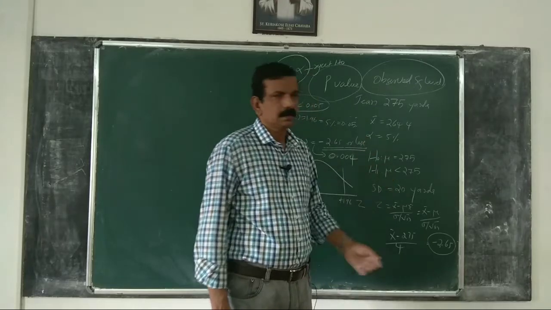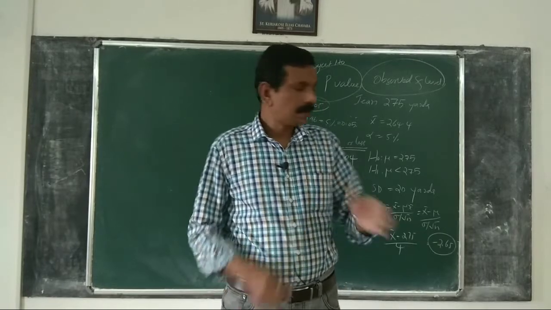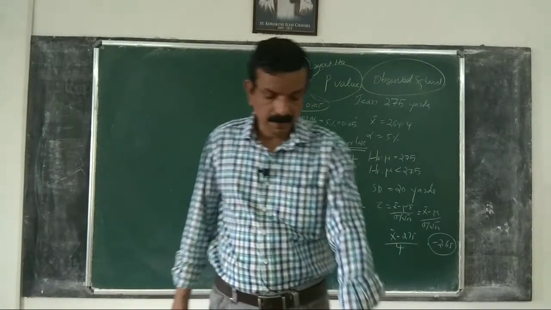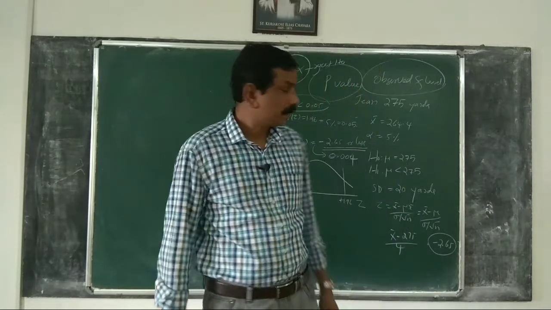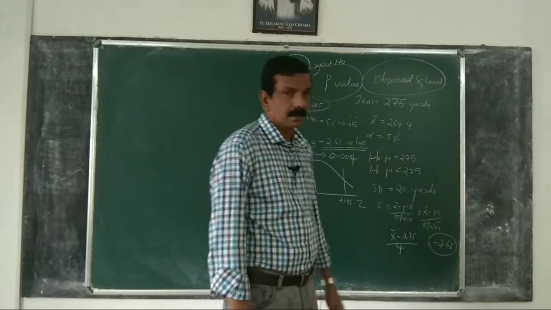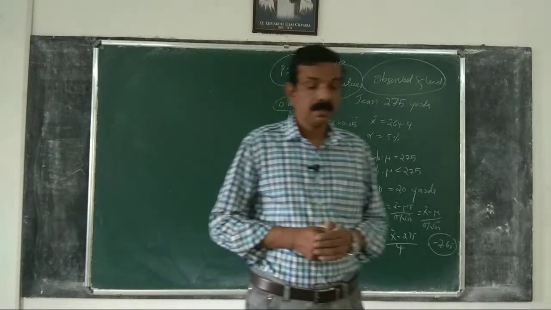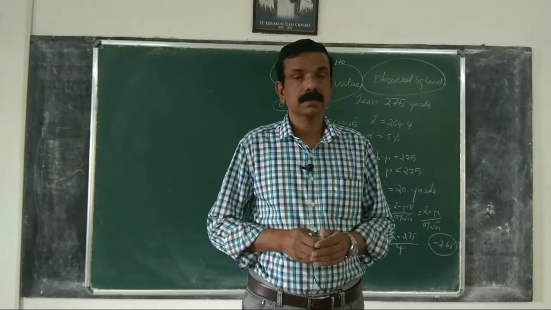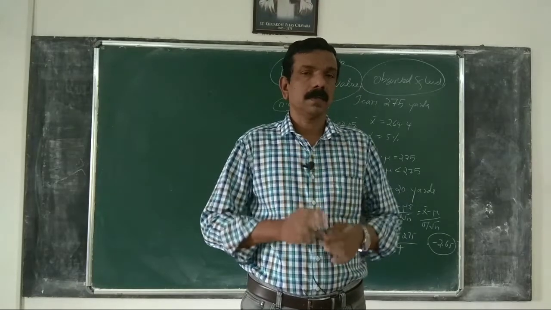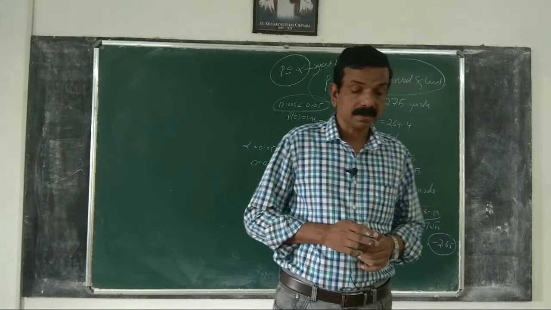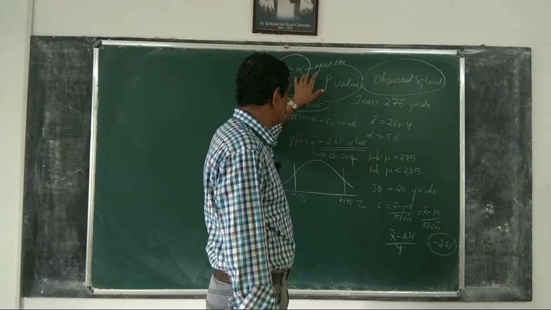As usual, we formulate H0 and H1. Sigma is assumed to be known, the variable is normally distributed, everything is there. We calculate the test statistic. We have the value of the test statistic.